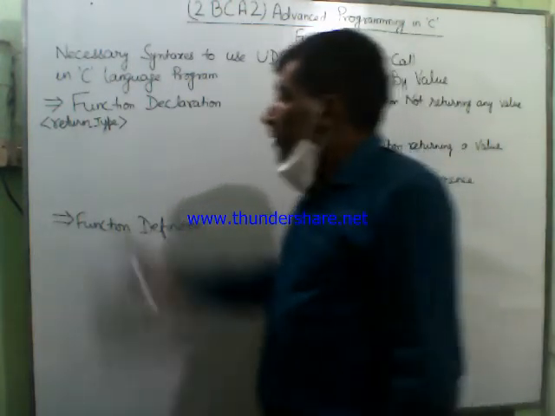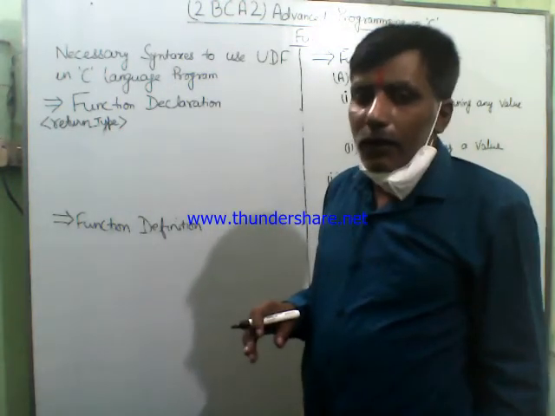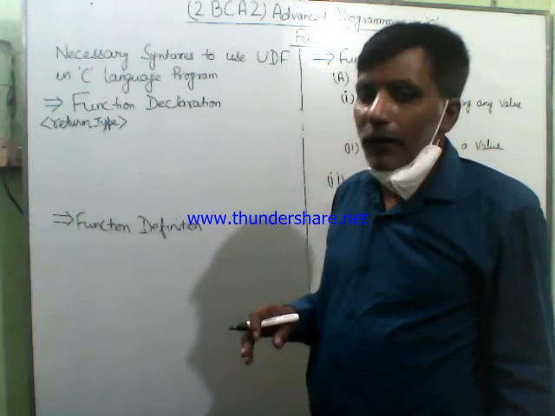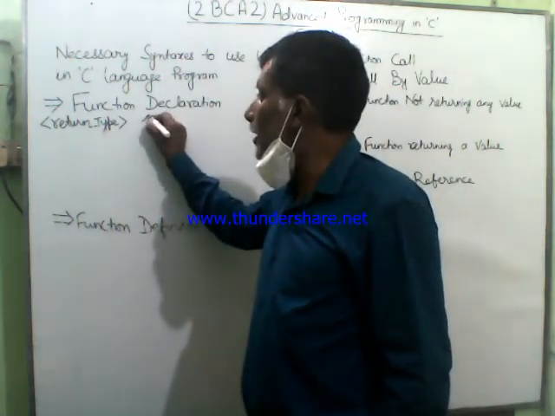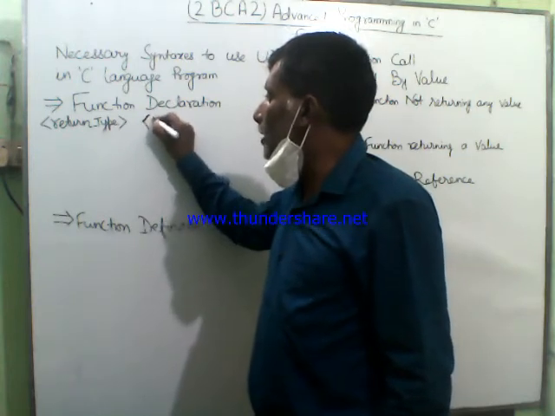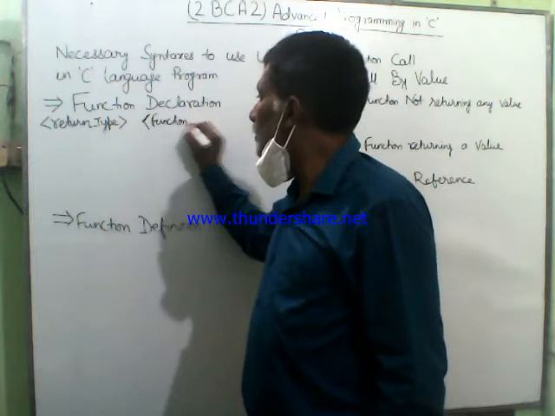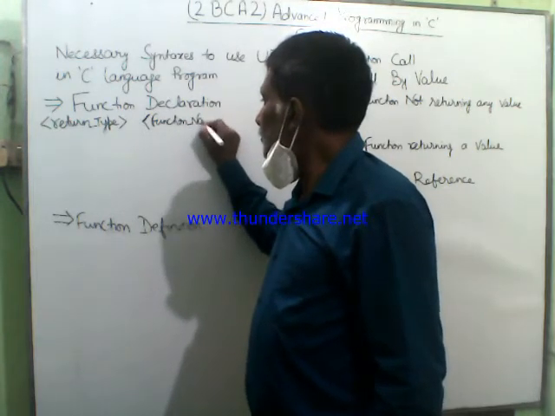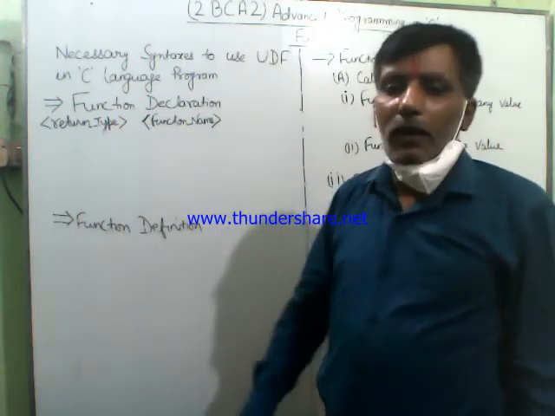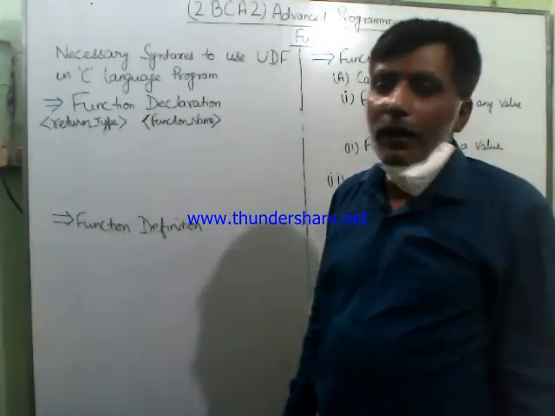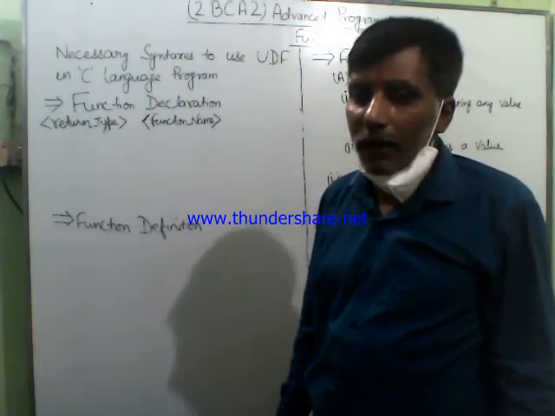Now, after writing the return type while performing the function declaration for a user defined function, you have to leave a blank space and then you have to write the function name of the user defined function. Function name. Each element of the program requires a name, and that name is called an identifier name.